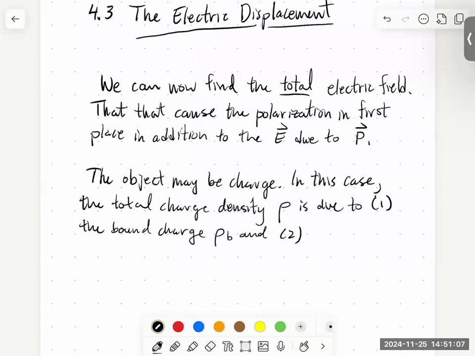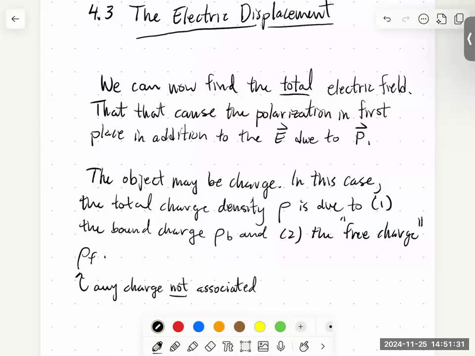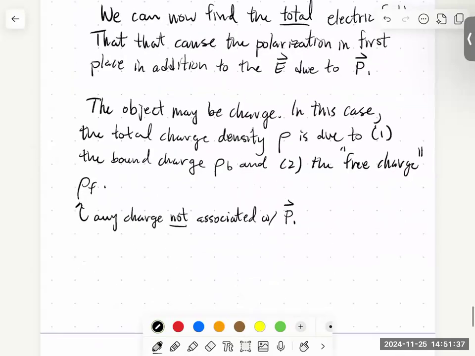So actual physical charge that's added to this material in some way. The free charge, which we're going to call rho F, is any charge that's not associated with the polarization. Okay, so if we accept that definition, the total charge density is the bound charge plus the free charge density.